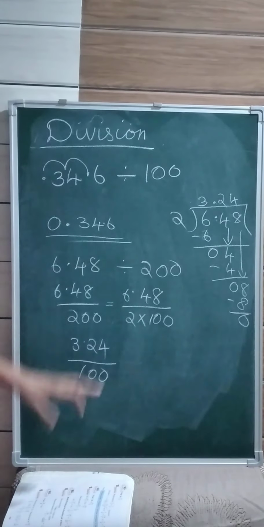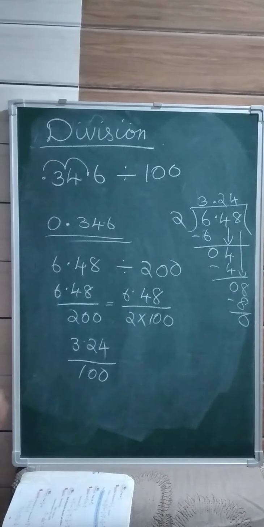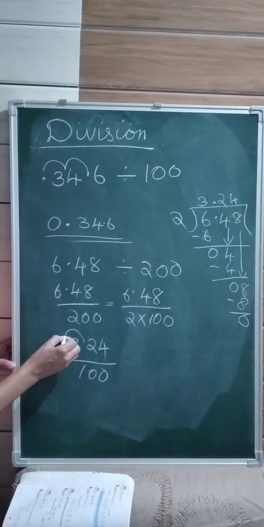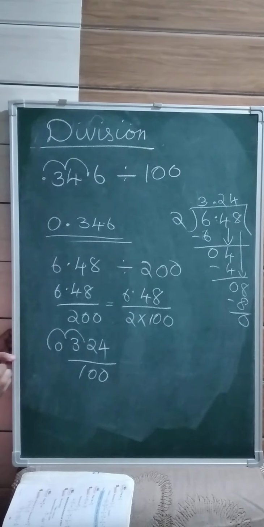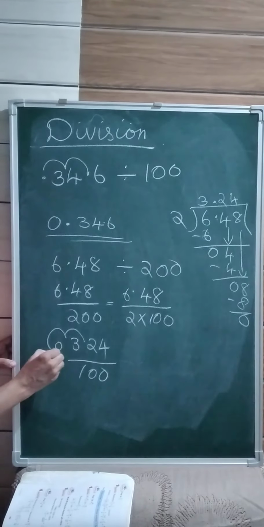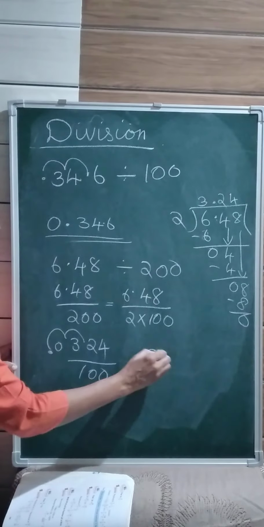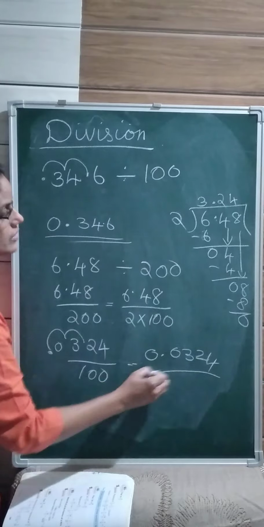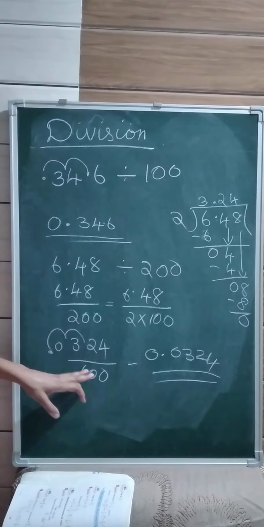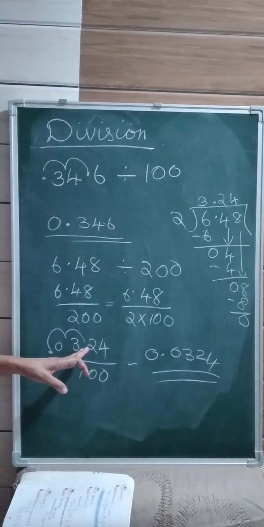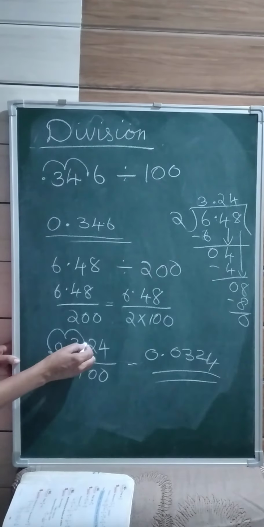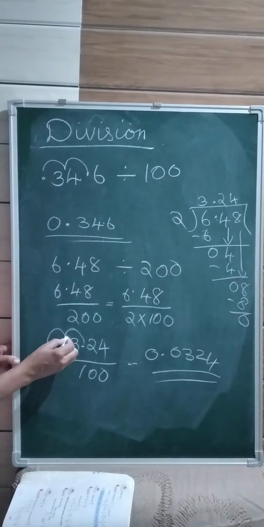Now it is 100. See, the first number is 1. Now we do the skipping. 2 zeros are here. One place for the decimal point, one skip.